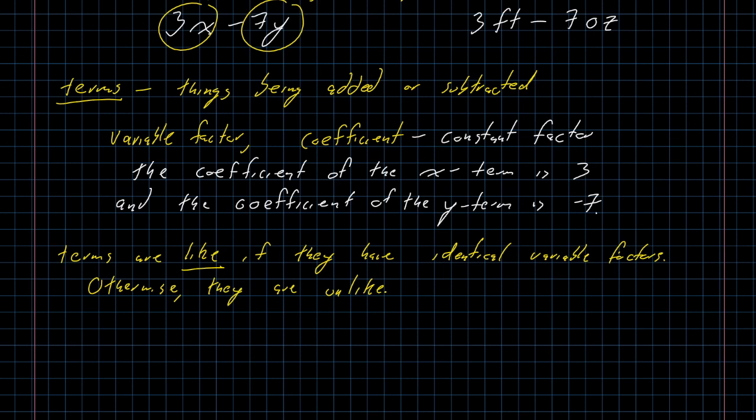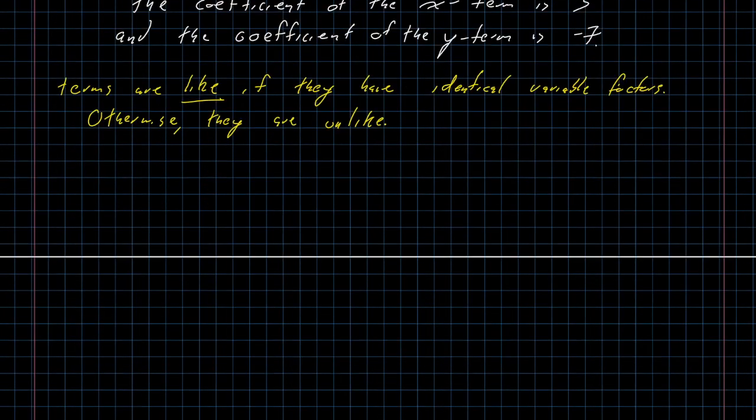Two terms are called like if they have identical variable factors. Otherwise, they are called unlike. In the example I have on the screen here, 3x and 7y are unlike. An x term and a y term are not the same, just like feet and ounces are not the same.